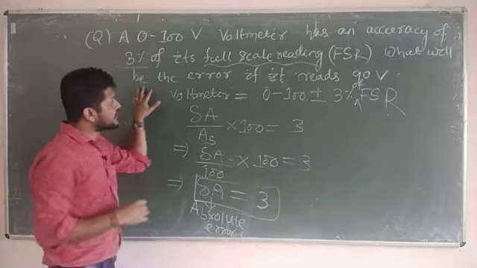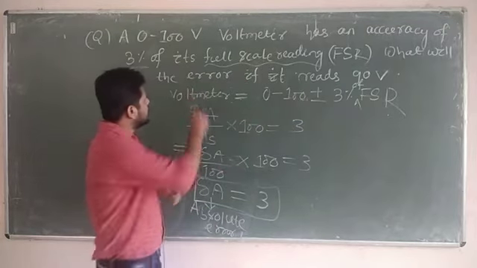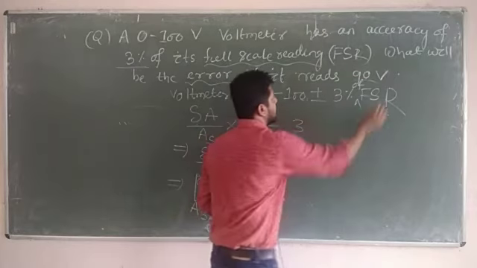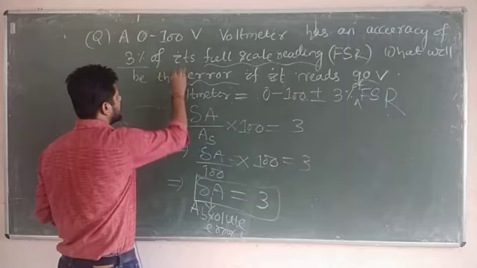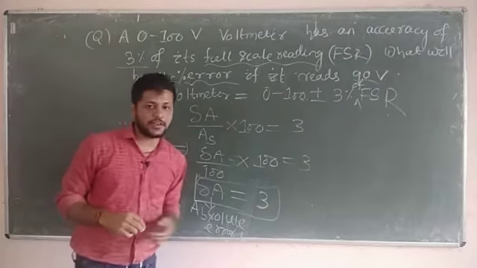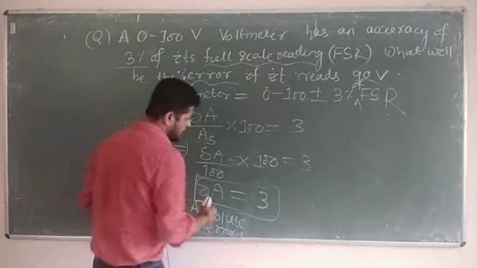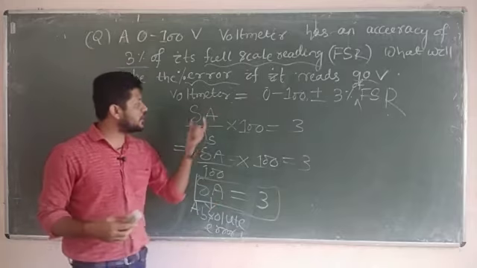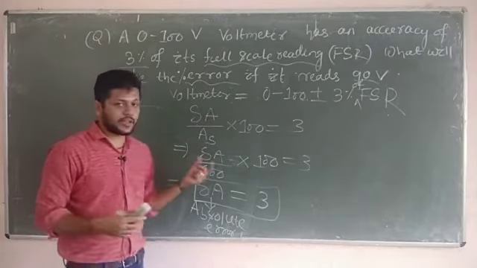Now what is he asking? He is asking to calculate the error if it reads 90 volt. Calculate the percentage of error if it reads 90 volt. I have already explained one terminology: the absolute error is constant, whatever the voltmeter reading may be.